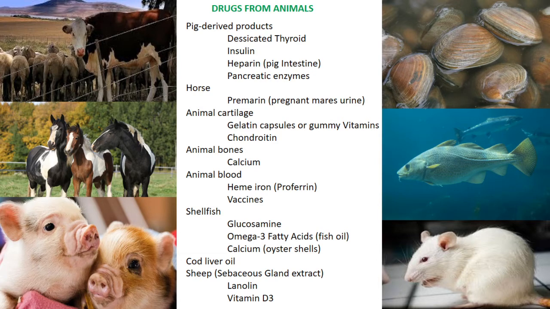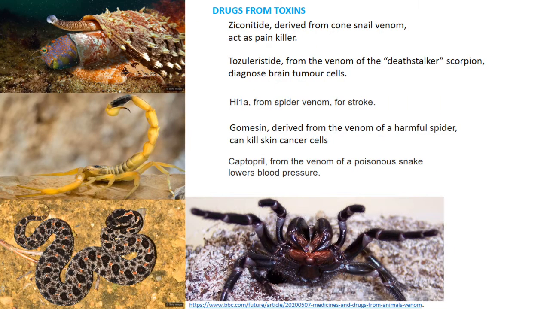And to our surprise, a number of animal venoms have been analyzed to have medicinal properties. So let's explore some of them here. Animals secrete toxins to protect themselves from predators, and these toxins are being used as medicinal products.